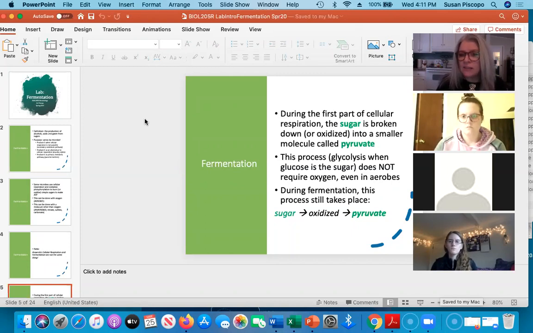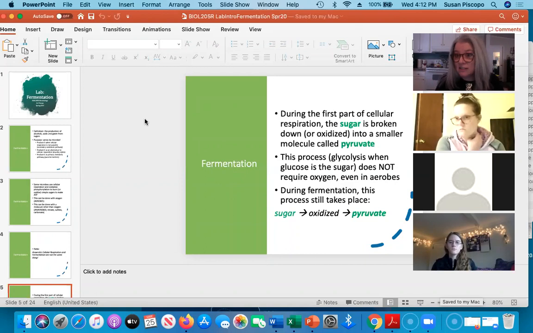Now, that process, that glycolysis process, doesn't require oxygen. That's not why we require oxygen as aerobes. The oxygen comes in later. So in all organisms, in all microbes, glycolysis doesn't require oxygen. So during fermentation, that first set of reactions still occurs.